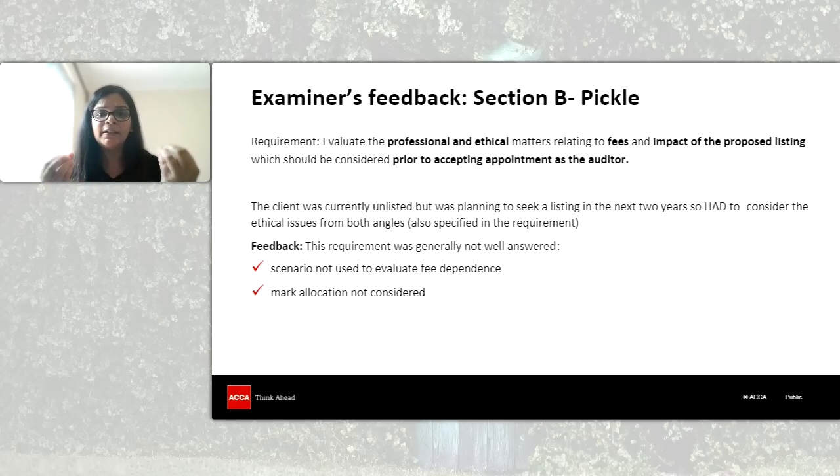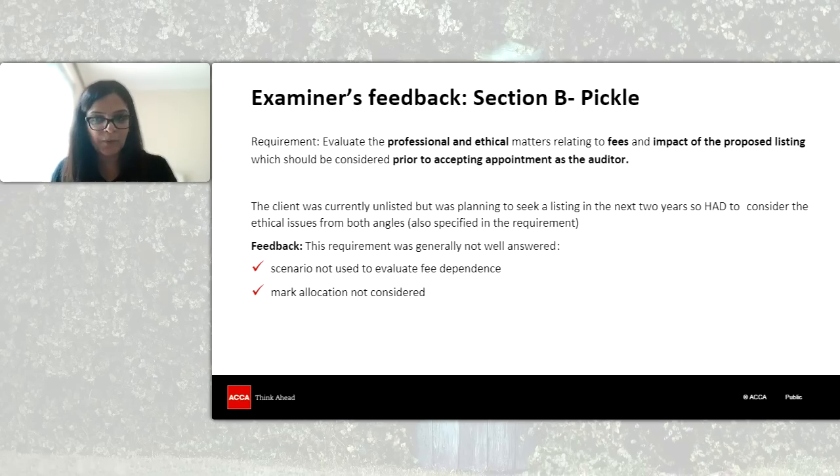Now, the second part was, again, regarding professional and ethical matters regarding the fee and how this would change when they actually get listed. The requirement specifically mentioned how this would be affected by the proposed listing before they accept appointment as the auditor.